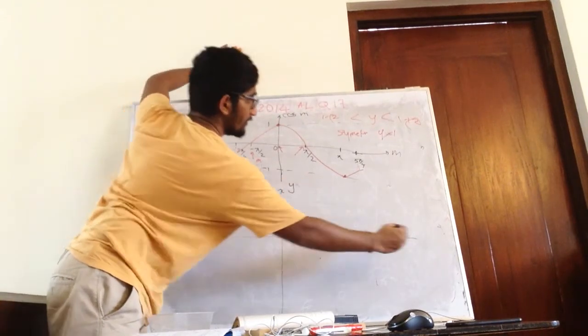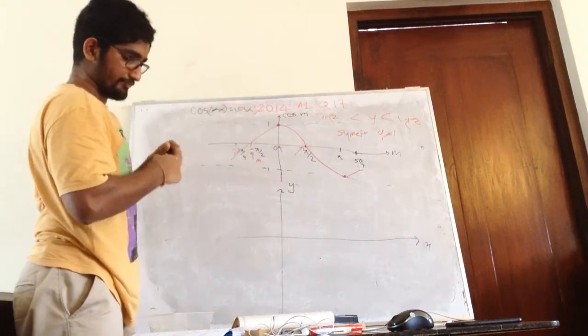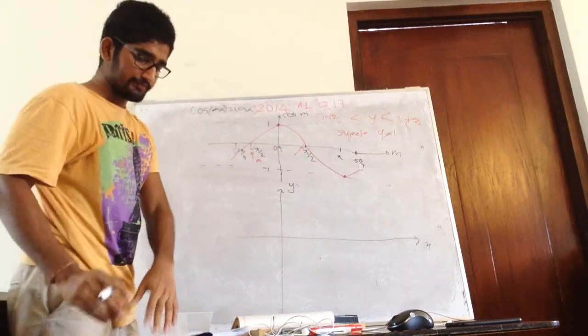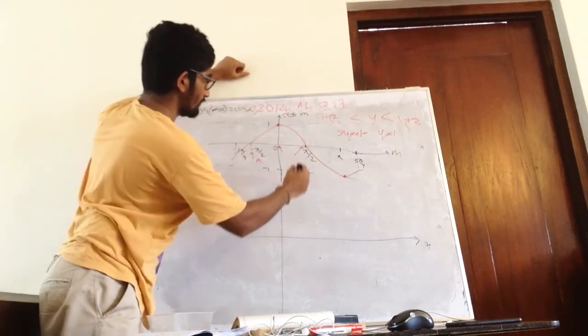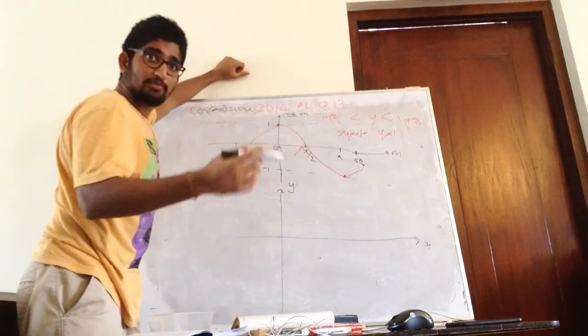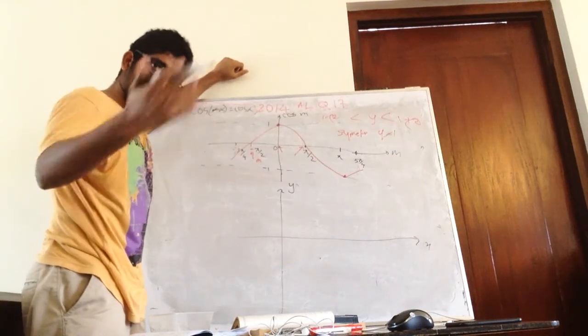This is y, this is x. So now the corresponding values are between minus 5 over 2 to 5 over 2.